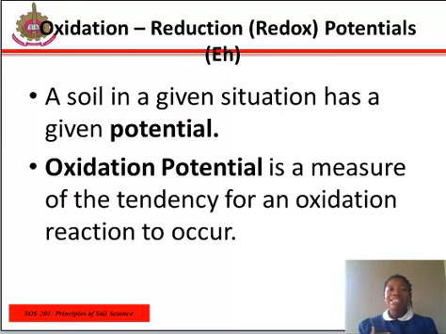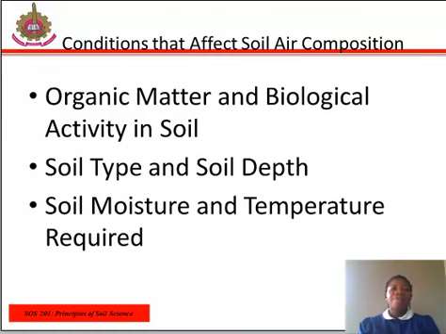An oxidizing agent will accept electrons easily, and reducing agents easily donate electrons. Oxygen gas, O2, is a strong oxidizing agent, while hydrogen, H2, is a strong reducing agent in the formation of the water molecule.